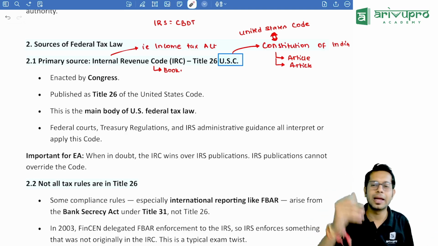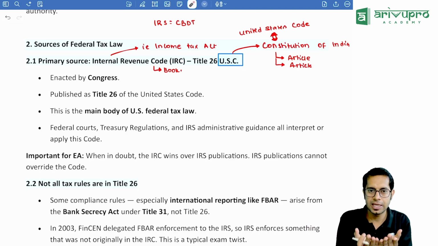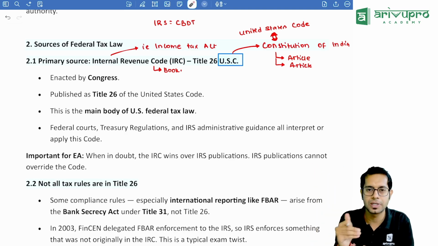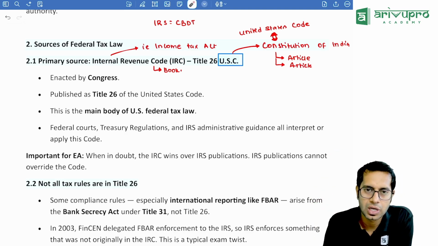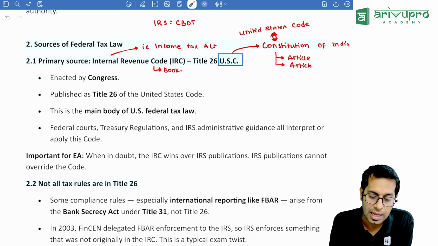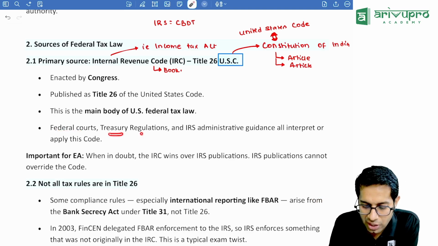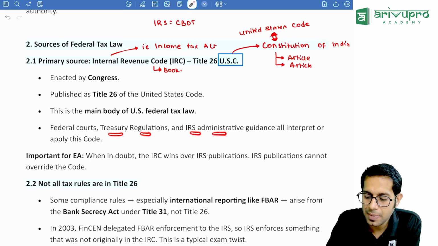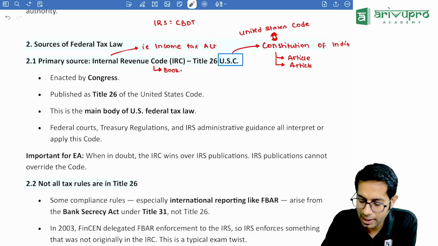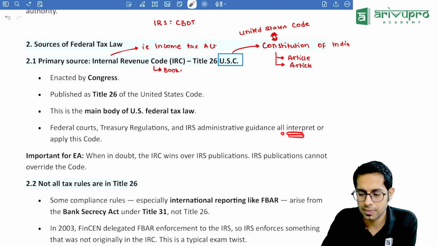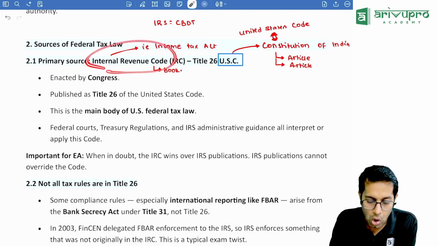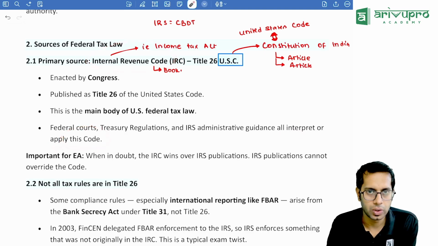We can fight against them also, meaning if there is a dispute, we can go to that person, or we can go to the court, or the last option available is the Supreme Court. So just like that, the federal courts, the treasury regulations, and the IRS administrative guidance all interpret this code, which is the Internal Revenue Code, or they all apply this code.